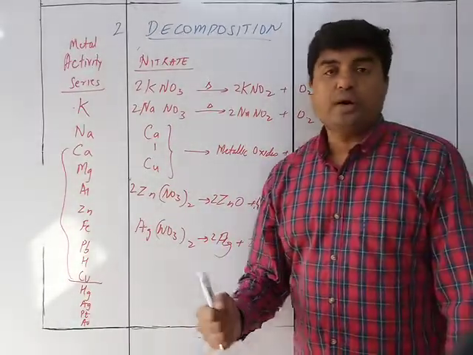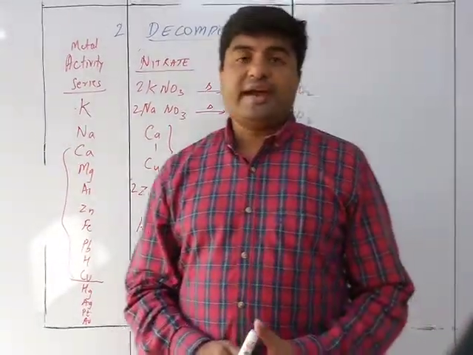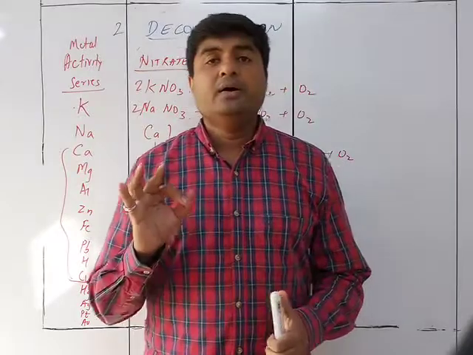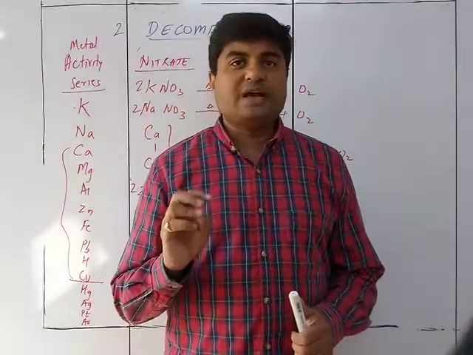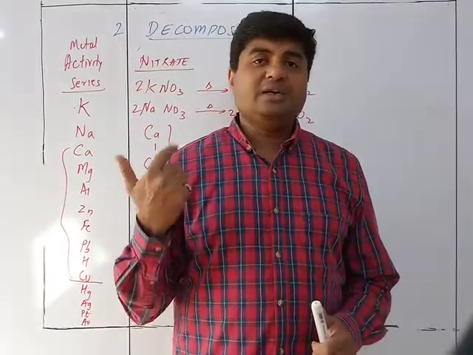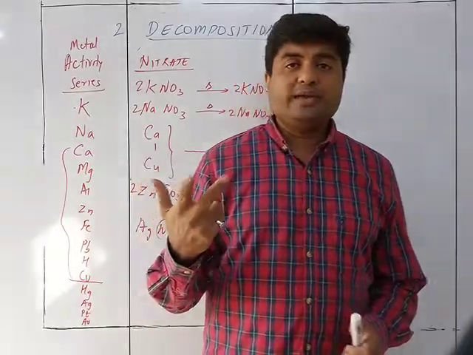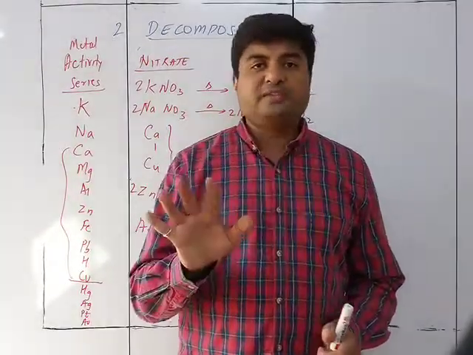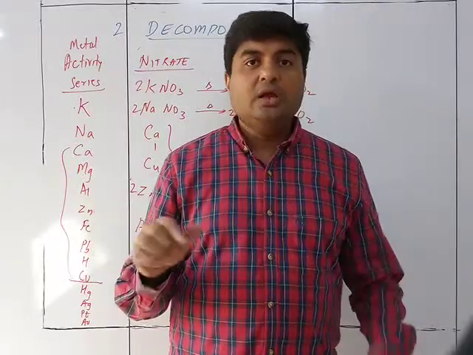Clear? So this was the decomposition reaction or thermal decomposition reaction of some standard salts or standard material like oxides, hydroxides, carbonates and nitrates. To sum it up, oxides of most of them are stable, so they don't give you anything.